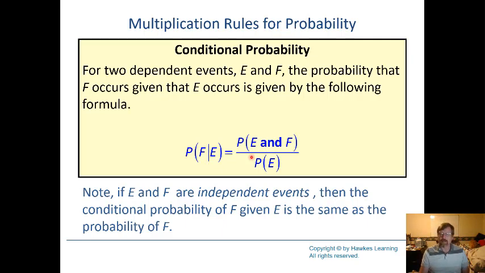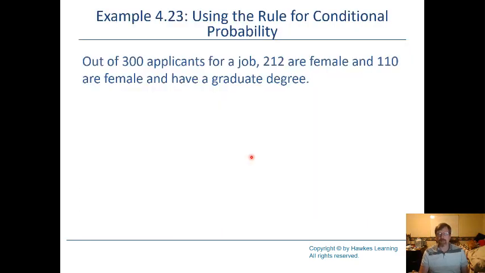Alright, so let's look at an example using this. If we've got 300 applicants, 212 are female and 110 are female with a graduate degree.